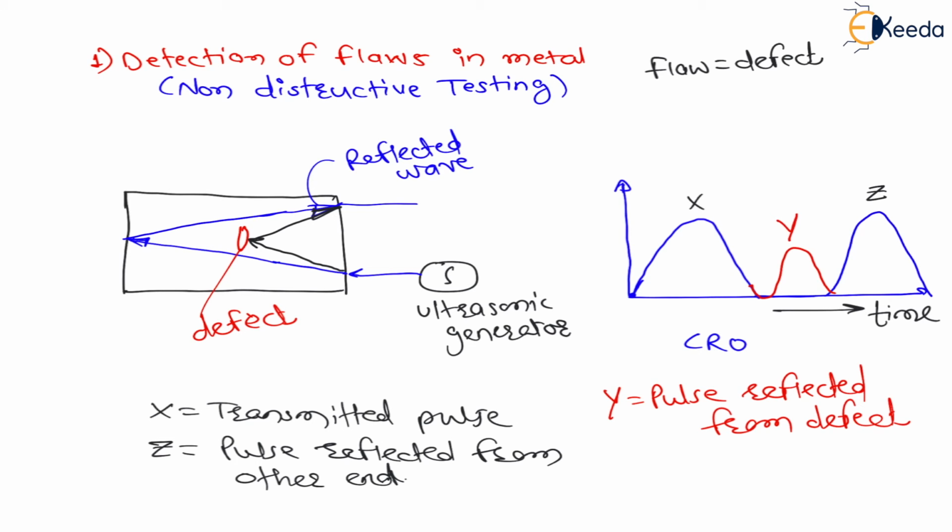You can see the time required to reflect the pulse from the other end is this much, but the time required to reflect the pulse from the defect is lesser as compared to this. Therefore, with the help of this we can identify the location of the defect, and we can identify that yes, there is a defect present.